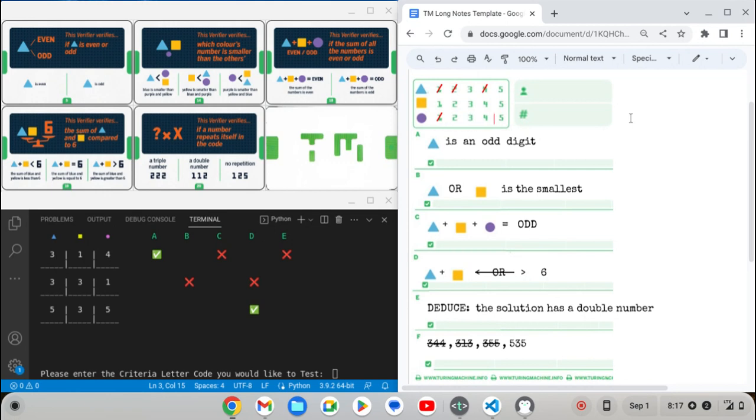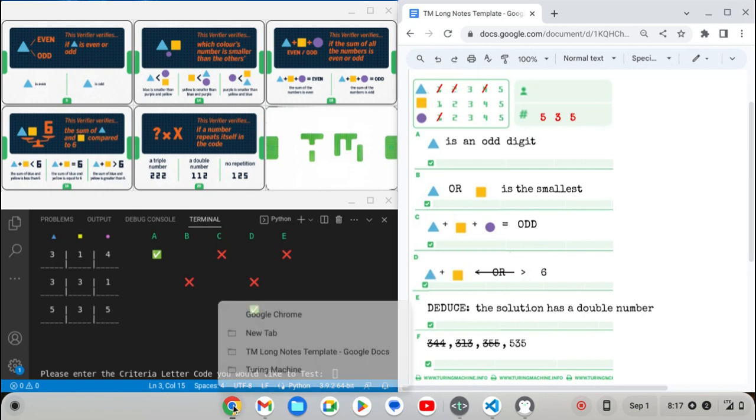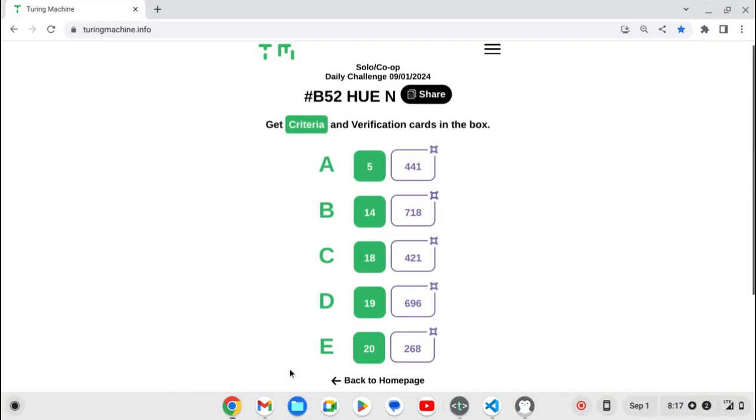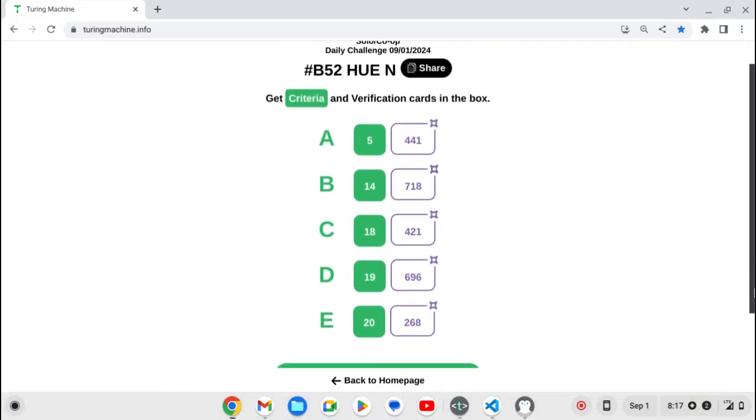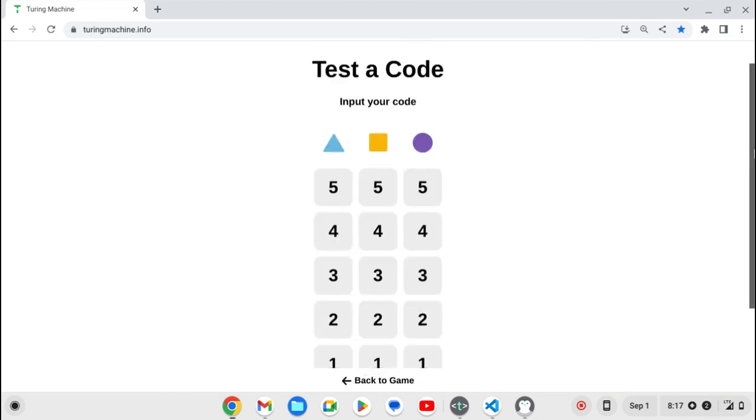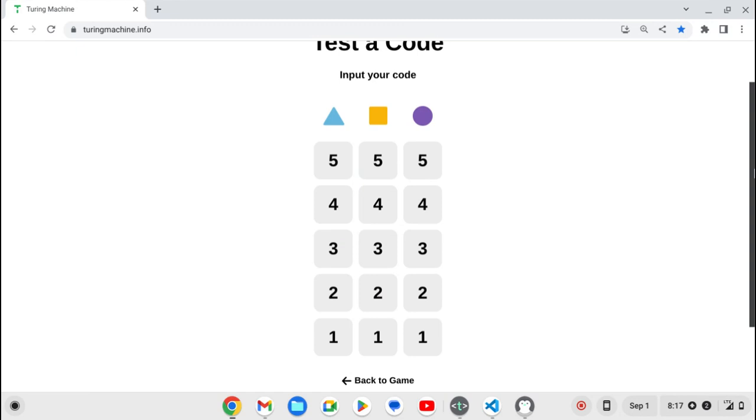And there's just way too many things to cross out, so I'm just going to type up the solution, 535, and let's go ahead and verify that. Okay, so 535.